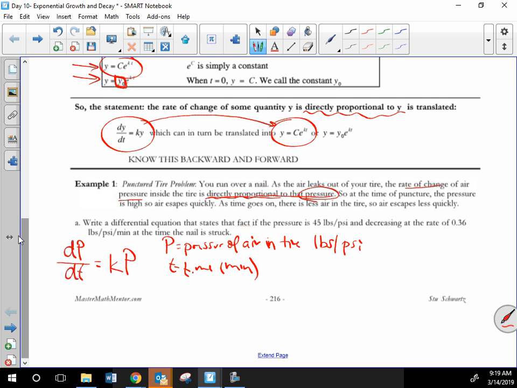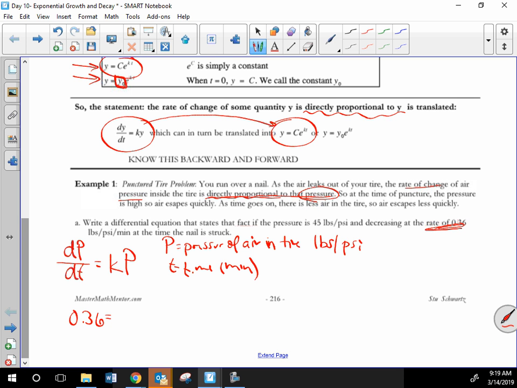All right, so we have pressure is 45 and decreasing at a rate of 0.36. Now we're just really plugging and chugging. What's my rate? The 0.36, good. Now, is my rate a positive or a negative?